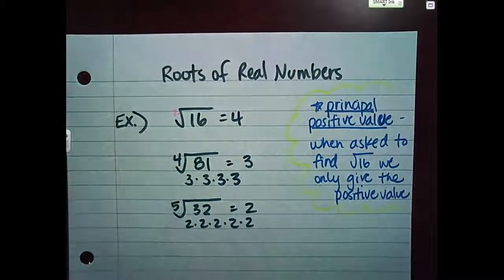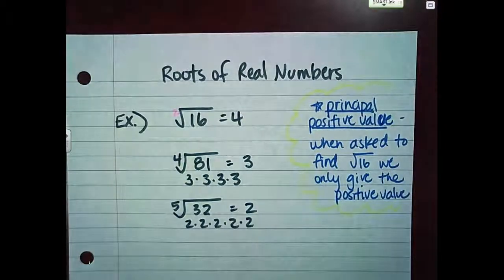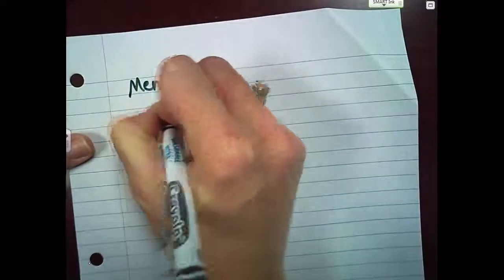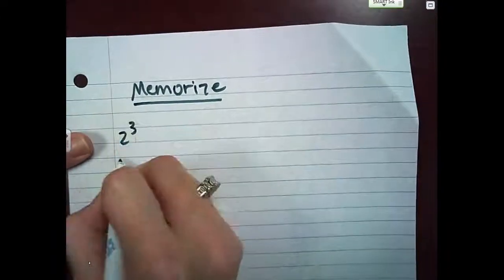For those of you who were absent for today's lesson, what you'll need to memorize, to help you with this unit, because the unit will have no calculator, are 2 cubed.